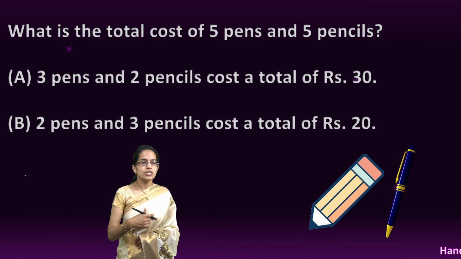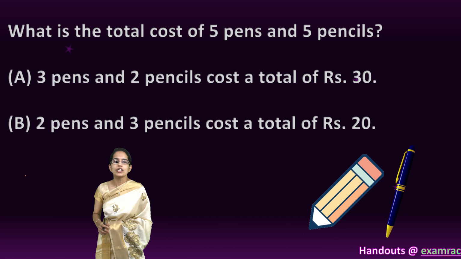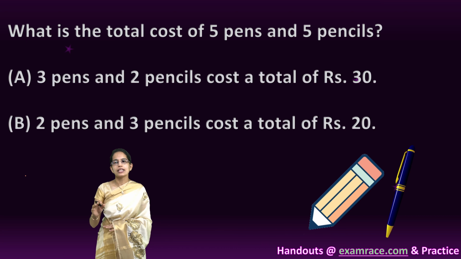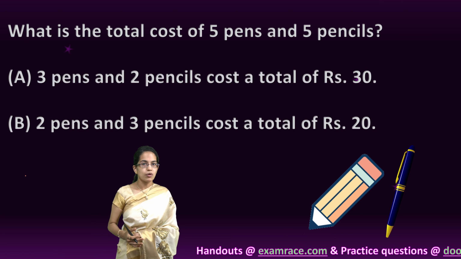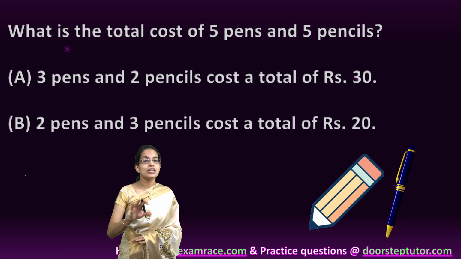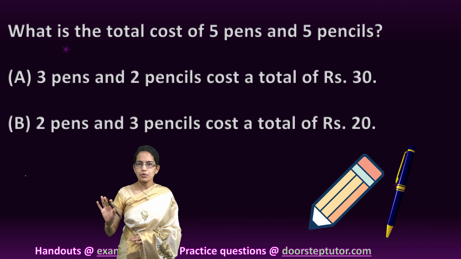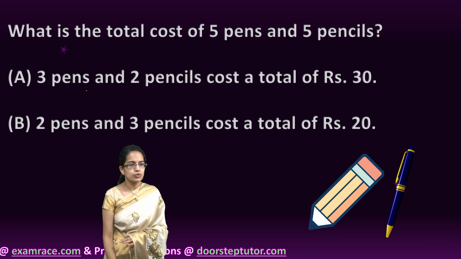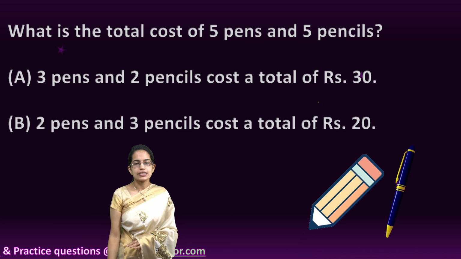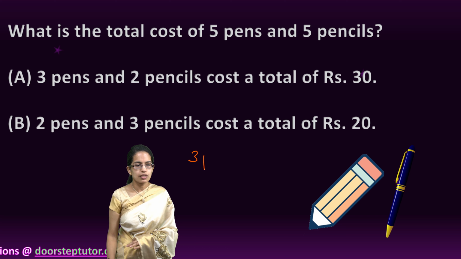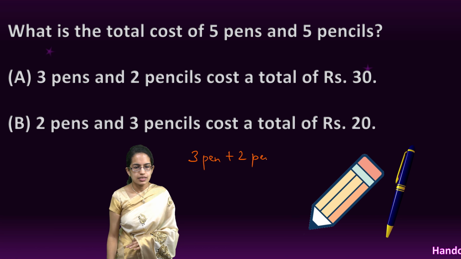Okay. Now the next question here is, what is the total cost of 5 pens and 5 pencils? Now this is a problem of mathematics, but you need not solve the whole of the problem here. I have the question: 3 pens and 2 pencils cost rupees 30. So 3 pens plus 2 pencils cost 30.